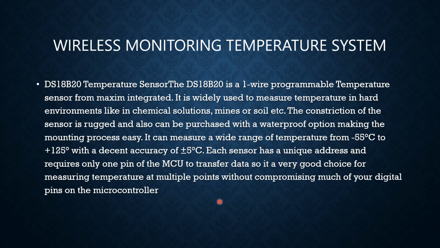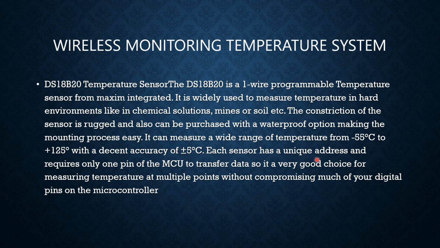DS18B20 temperature sensor. The DS18B20 is a 1-wire programmable temperature sensor from Maxim Integrated. It is widely used to measure temperature in harsh environments like chemical solutions, mines or soil. The construction of the sensor is rugged and it can also be purchased with a waterproof option, making the mounting process easy. It can measure a wide range of temperature from minus 55 degrees Celsius to plus 125 degrees Celsius with a decent accuracy of plus or minus 0.5 degrees Celsius.